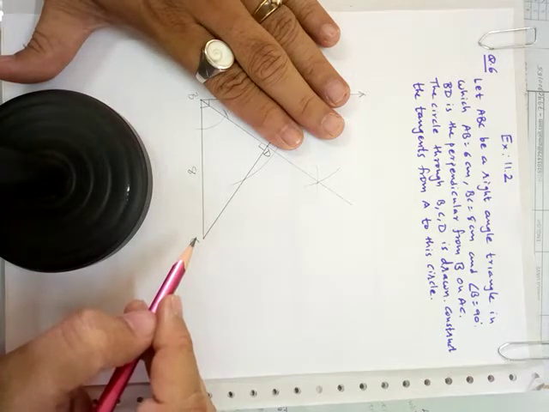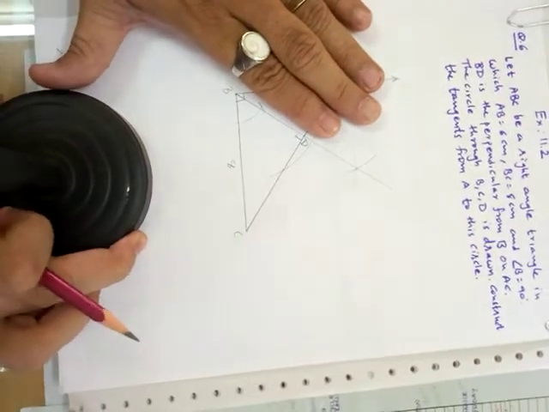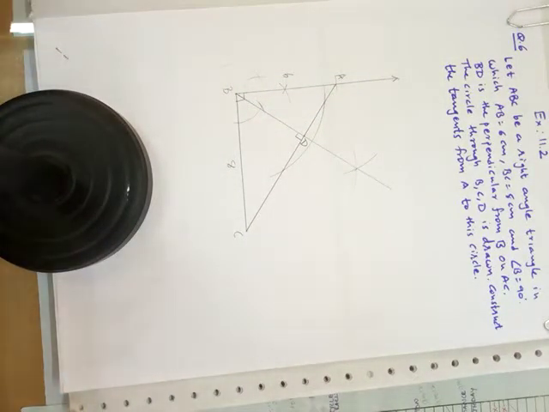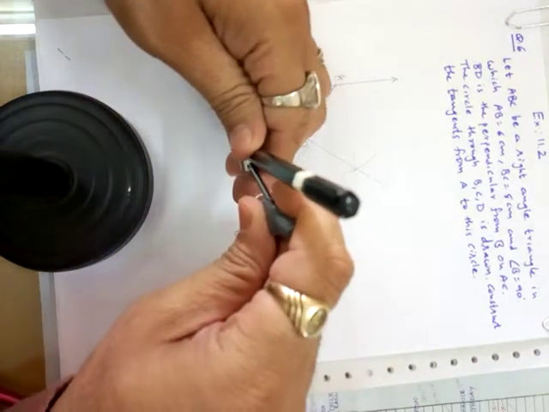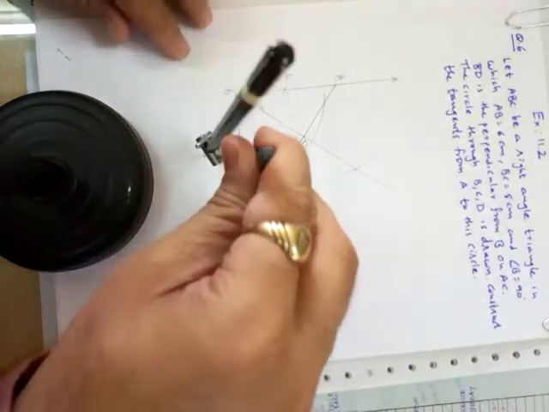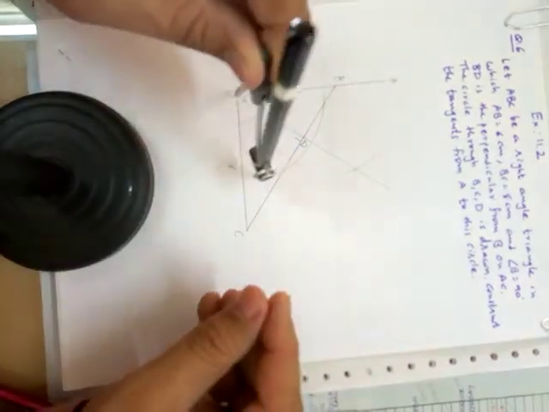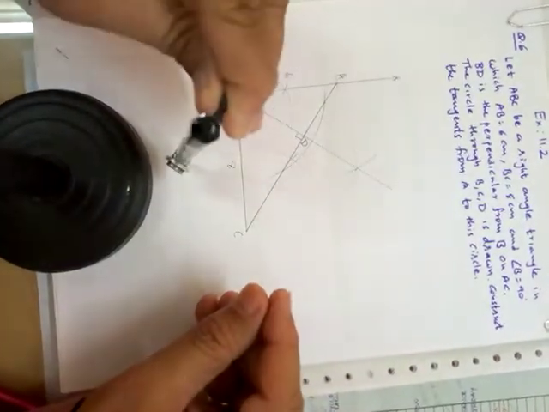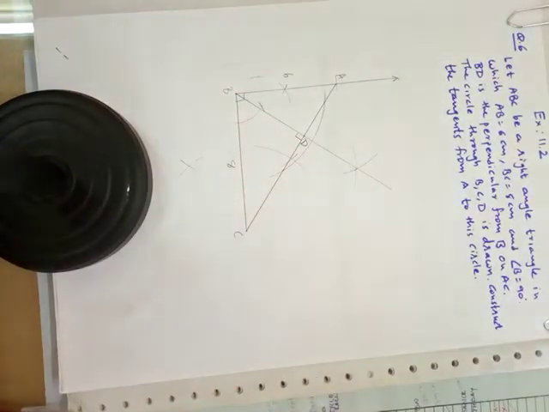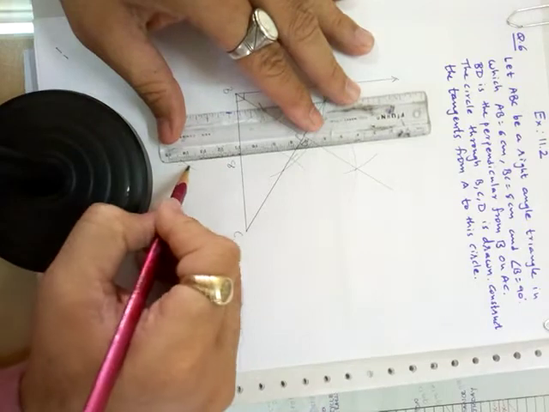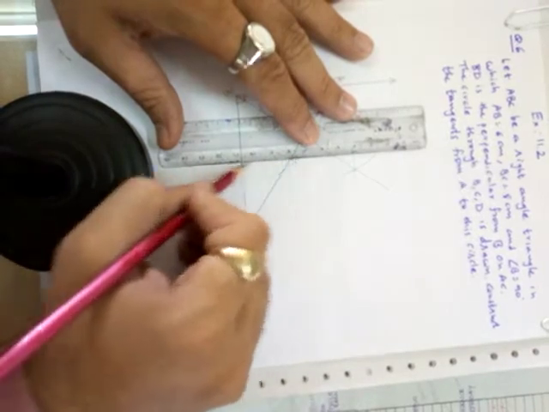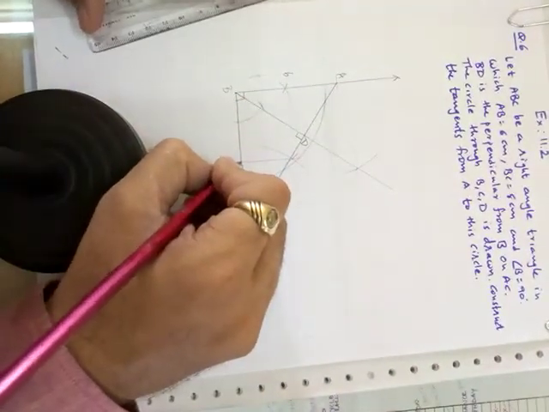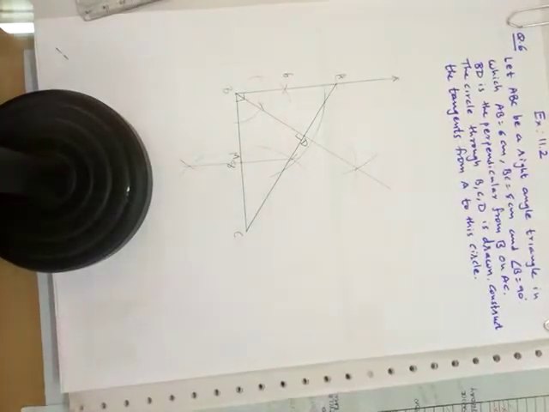So to draw the perpendicular bisector of line segment BC, we take more than half radius for line segment BC. B and C are the endpoints. So we are getting the midpoint of line segment BC. This is the midpoint for triangle BDC.